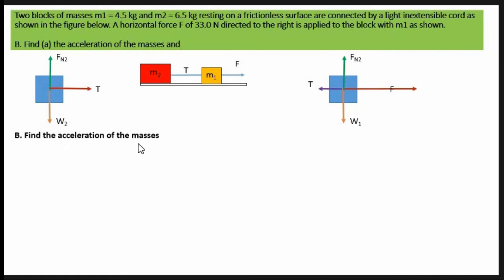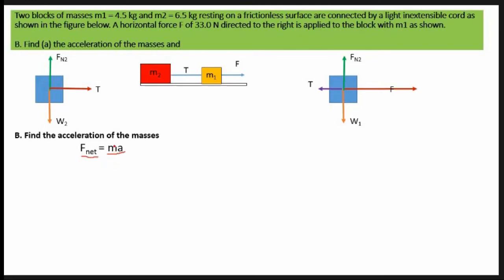Now let's go to this one. Find the acceleration of the masses in the horizontal direction. Since we're looking for the acceleration, we have to go back to the second law of motion. So we have here the net force is equal to mass times acceleration, and then you simplify it so that you will get the formula of the acceleration.